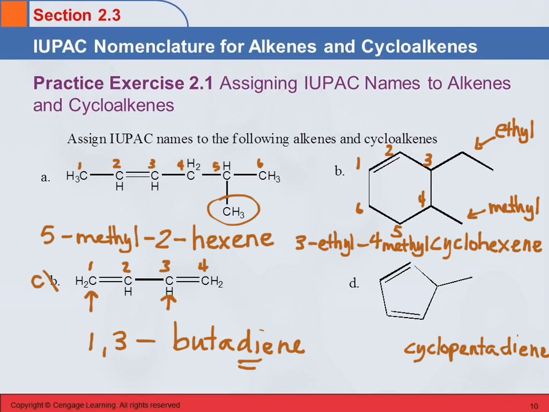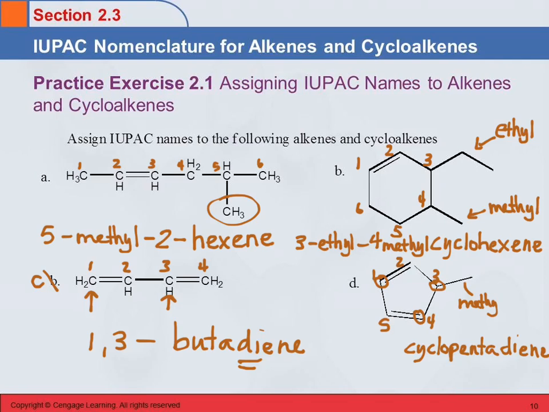Well, we have to start numbering this at one of the double bonds. And sometimes you can look at it and just see where to start, and other times you just have to kind of start and see how it goes. So let's just start here. Let's go 1, 2, 3, 4, 5. So we're going to have a 1 and a 4 for the double bonds, and a 3, this is a methyl group, right?